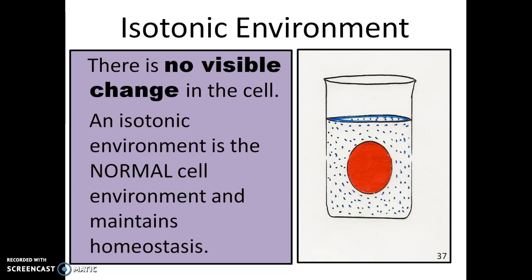This is the normal cell environment, and this is the environment that maintains homeostasis. So it's good for plants, good for animals, and good for bacteria. Everybody likes an isotonic environment. In the Amoeba Sisters video I was showing you guys at the beginning of this chapter, that's why when you are on an IV drip at the hospital to hydrate, you don't want just water going into your cells, because that would cause a hypotonic environment.